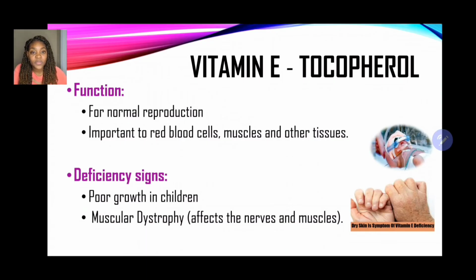Now, the functions of tocopherol are, it is needed for normal reproduction. And also, it is very important to red blood cells, muscles, and other tissues. Now, deficiency signs may include poor growth in children, muscular dystrophy, and this affects the nerves and the muscles. Good. So you may notice that most of these vitamins, if they are deficient in the body or in the diet, are associated with poor growth in children.